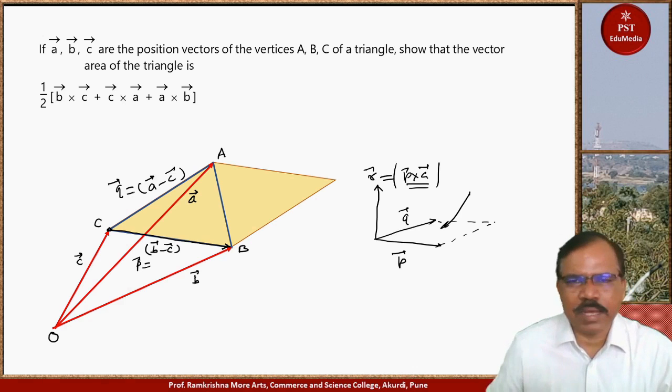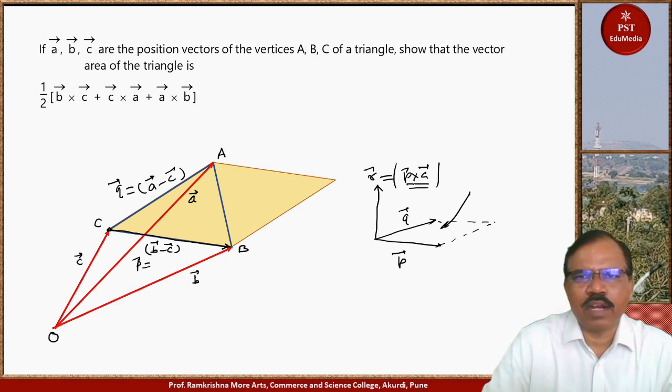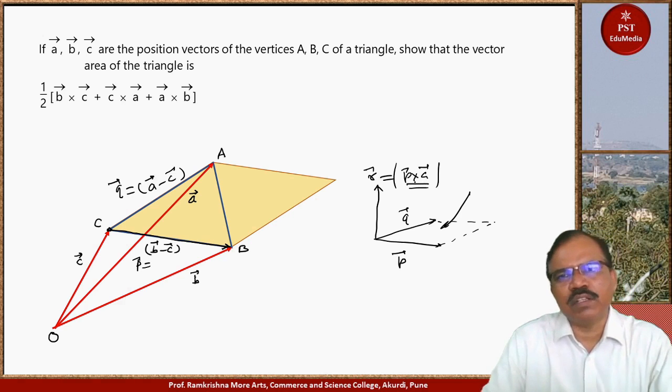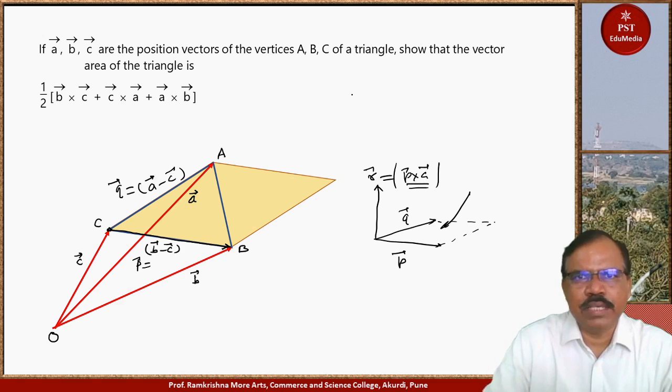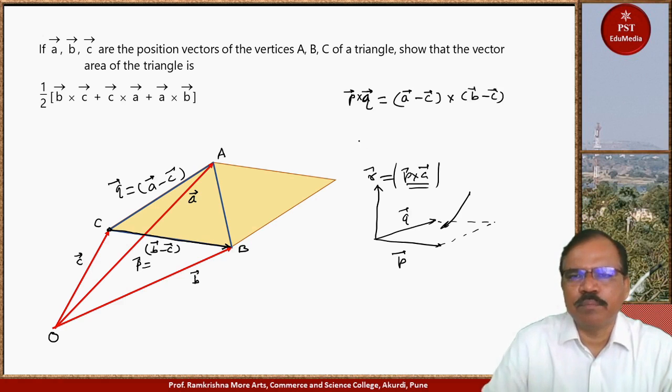And what is the area of the parallelogram? The area vector is P cross Q, not P cross A, P cross Q. So this is equal to A minus C cross B minus C.